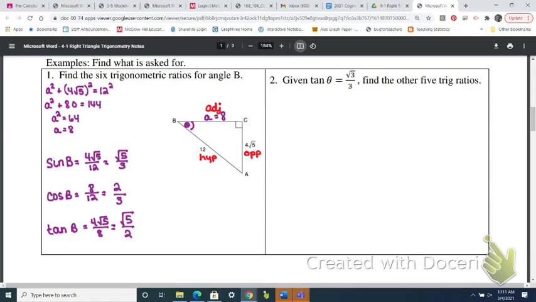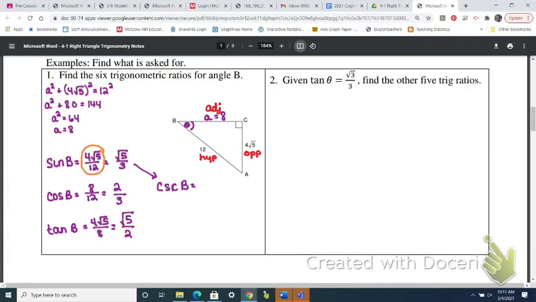So now I'm going to do my reciprocal identities. So what goes along with the sine is the cosecant. So what I'm going to do is take this right here and do the reciprocal of it, because that is a reciprocal identity.